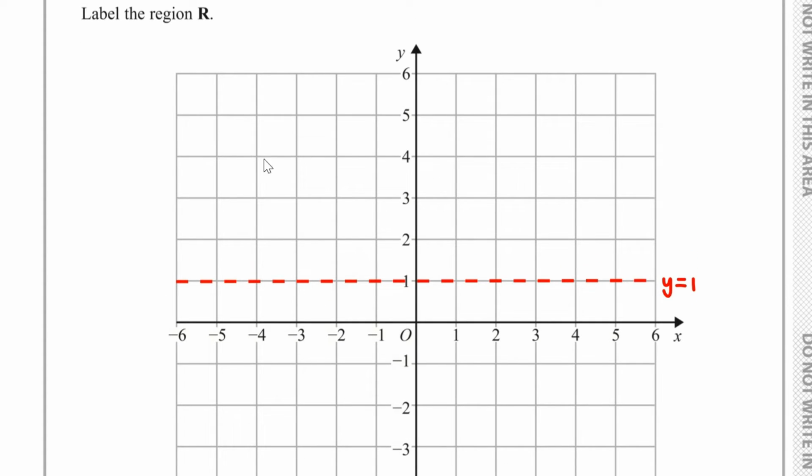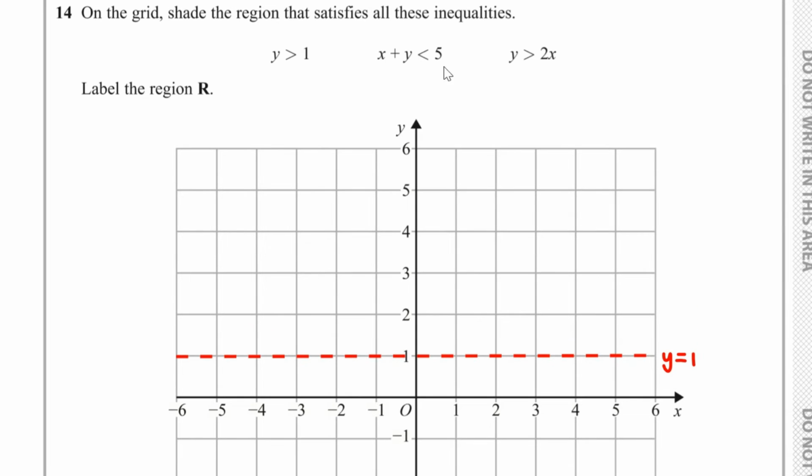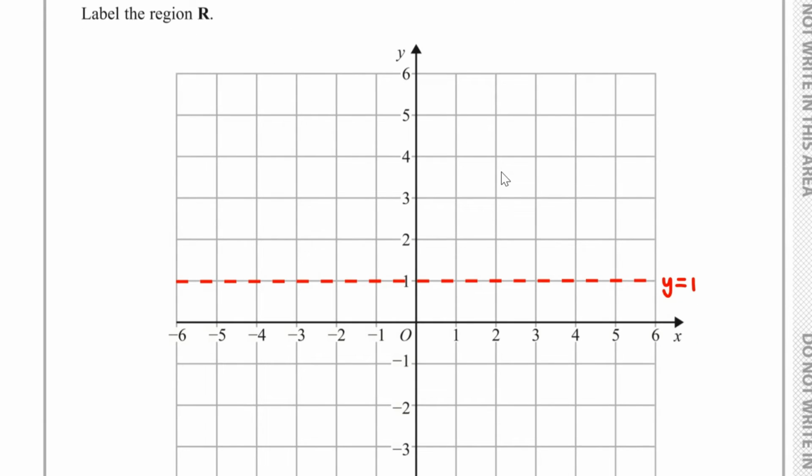We'll deal with that later. And then we've got x plus y being less than 5. Well, let's draw the line x plus y equals 5. It passes through 5 on the y-axis and 5 on the x-axis. So here is the line x plus y equals 5.